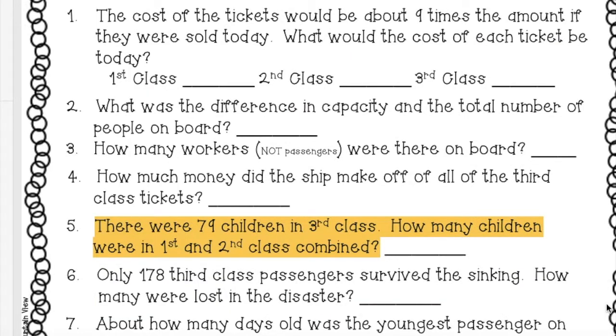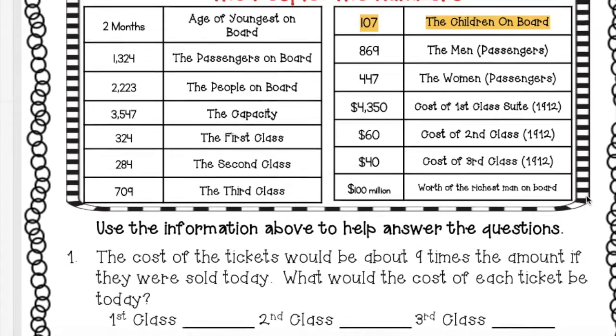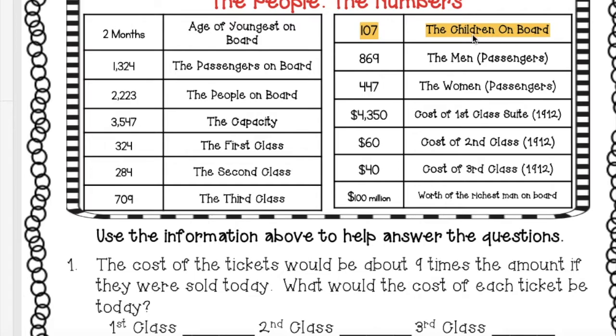Number 5. There were 79 children in third class. How many children were in first and second class combined? So in order to figure this one out, we are going to have to go look at our data and see how many children were on board in total. So let's go take a look. And I have my information highlighted already. So the children on board, there were 107 children on board in total.